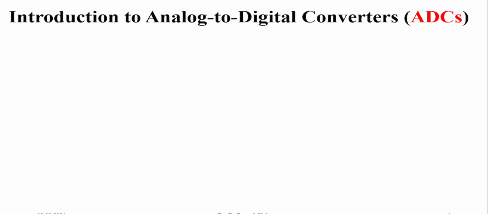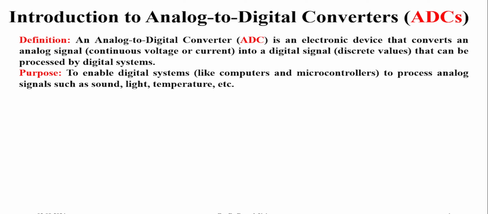Now let us have the definition of A to D or analog to digital converter. By definition, A to D or ADC is an electronic device that converts an analog signal, which is a continuous voltage or current signal, into its equivalent digital signal, which is discrete values that can be processed by digital systems.